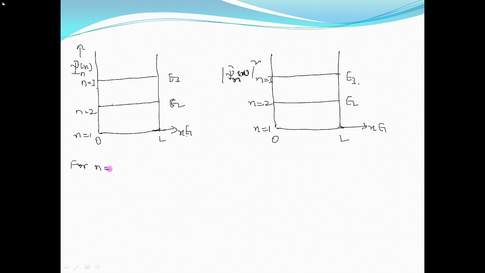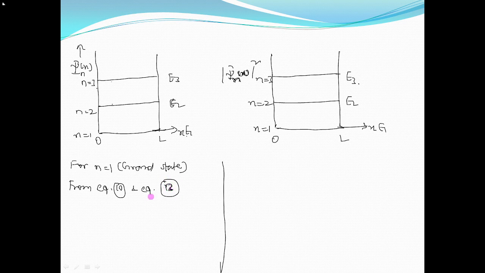Now for n is equal to 1, this is the ground state, from equation 10 and equation 13. What is equation 10? En is equal to n square h square by 8ml square.